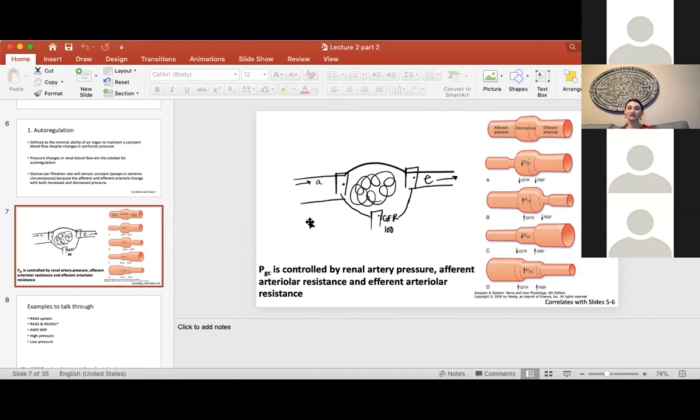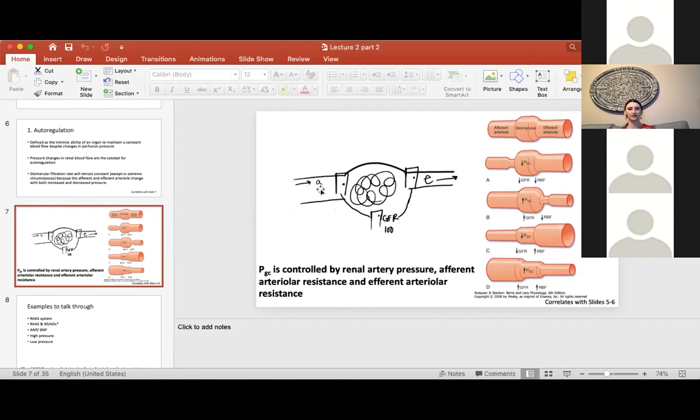If instead we keep the front door wide open, and this time keep the back door wide open as well, then more people come through the front door and out the back door, and fewer people exit out the side door. So our GFR is going to decrease.